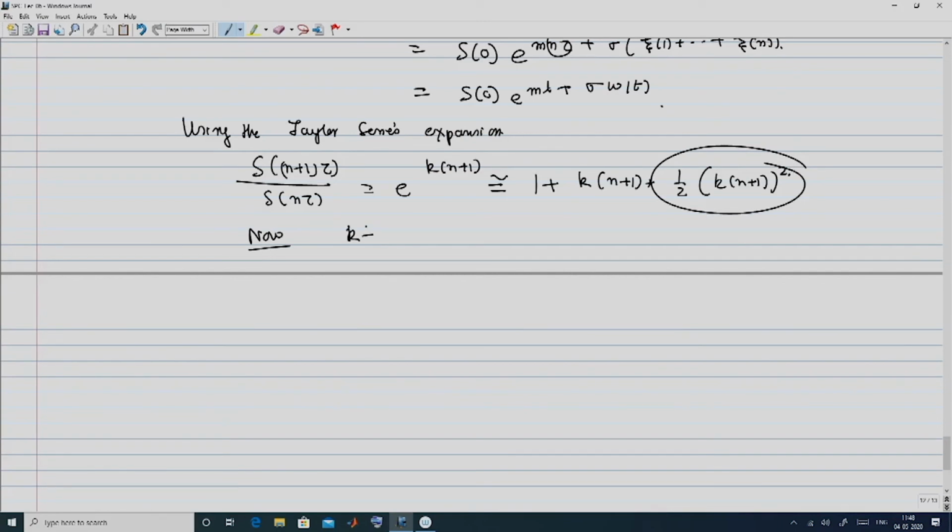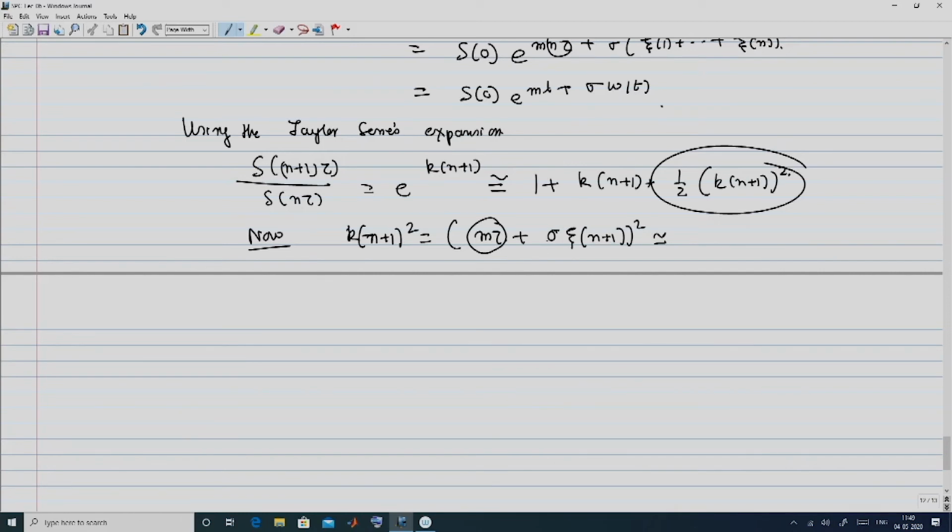So, now k of n plus 1 square, what is k of n plus 1? K of n plus 1 is m of tau plus sigma xi n plus 1 whole square. Now, if we expand this, you will have an m square tau square term here. So, that is order of tau square, and here you will have sigma square root of tau, because by definition of xi n plus 1, this will give you sigma square tau, and the cross term.